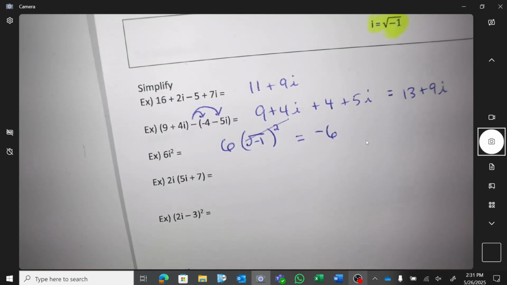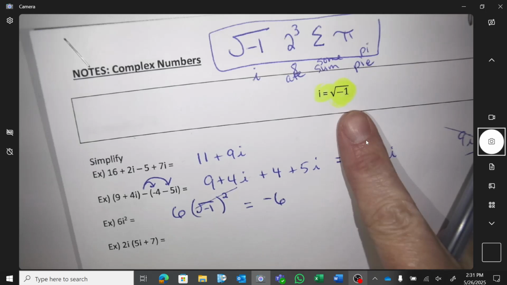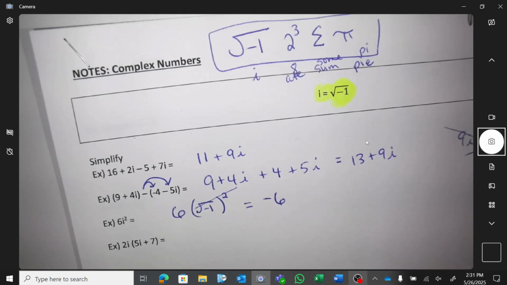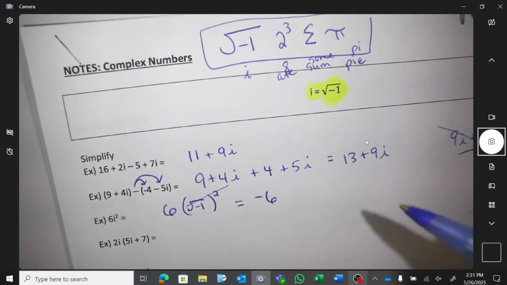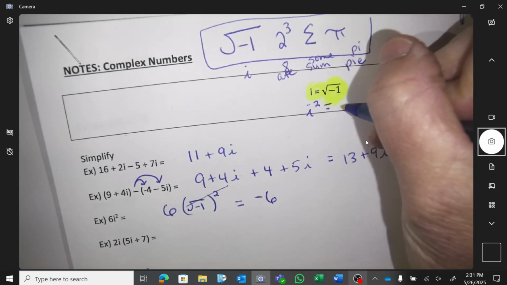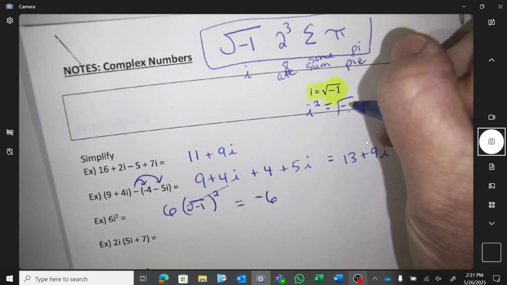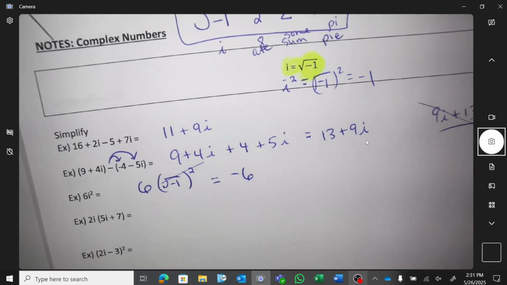Is i squared always negative 1? I squared is always negative 1, because i is the square root of negative 1. So if I do i squared, the square root of negative 1 squared is always negative 1.